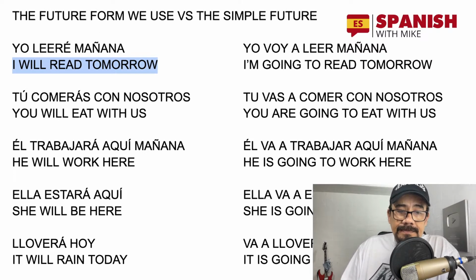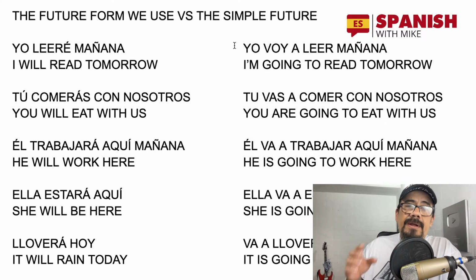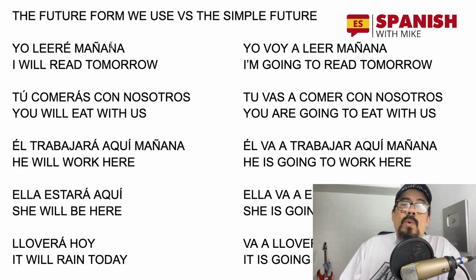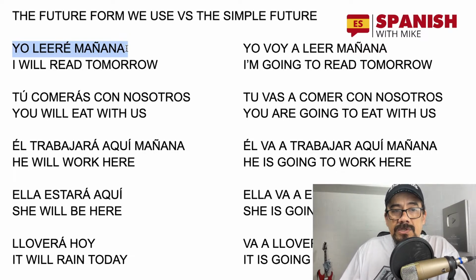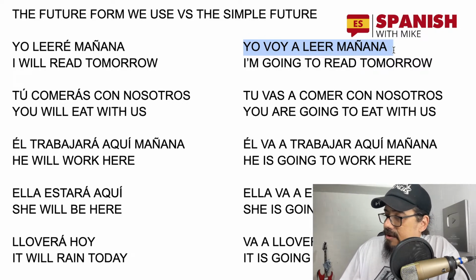In Colombia, in Spanish from Colombia, I'm not sure if it's the same in Latin America or other countries, but I can tell you here in Colombia, we barely use the simple future in Spanish. So if I'm going to say "yo leeré mañana," I really say "yo voy a leer mañana." And that happens a lot here in Colombia, in our Spanish.